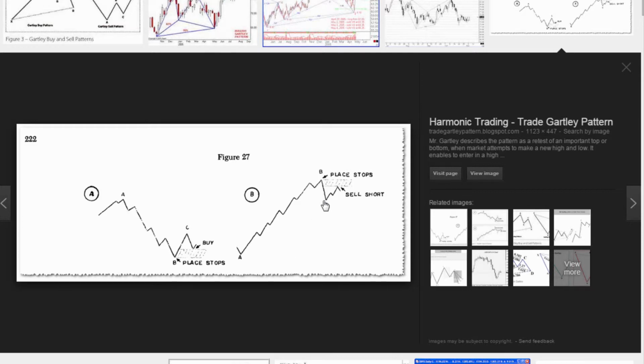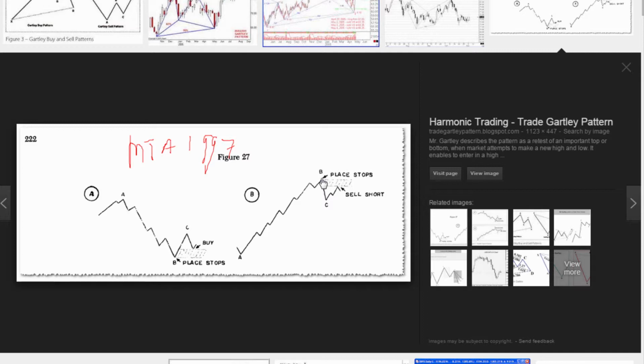So when Larry was at this meeting of the market technicians, the MTA, in 1997, I'm giving you guys history on this. In 1997, somebody presented H.M. Gartley's book and his contribution to the industry.